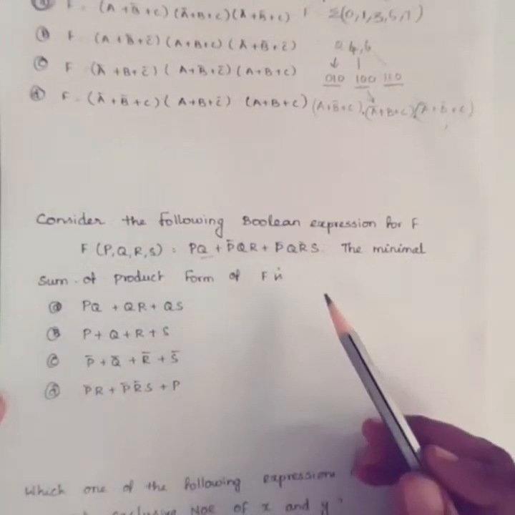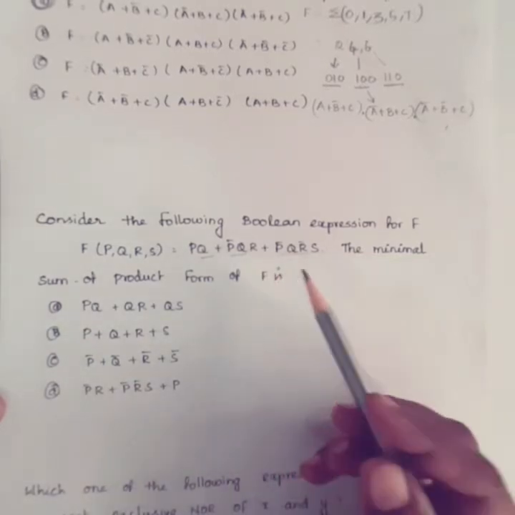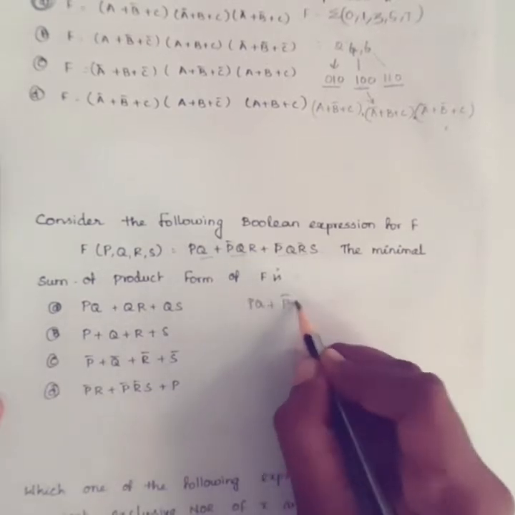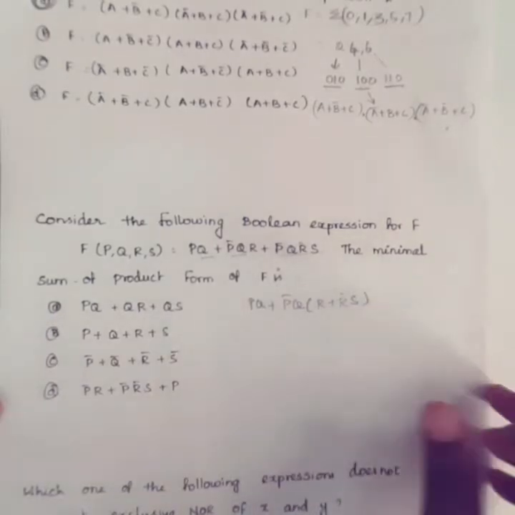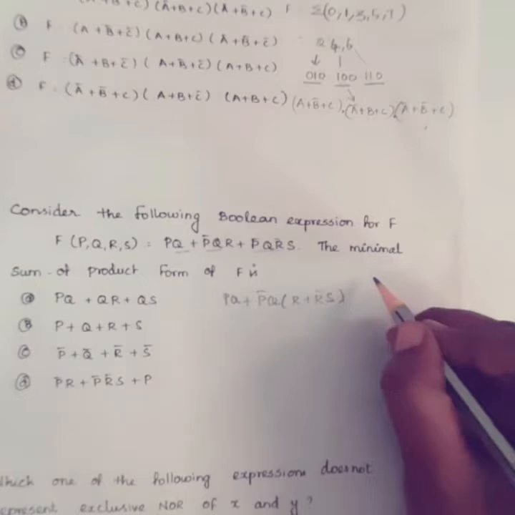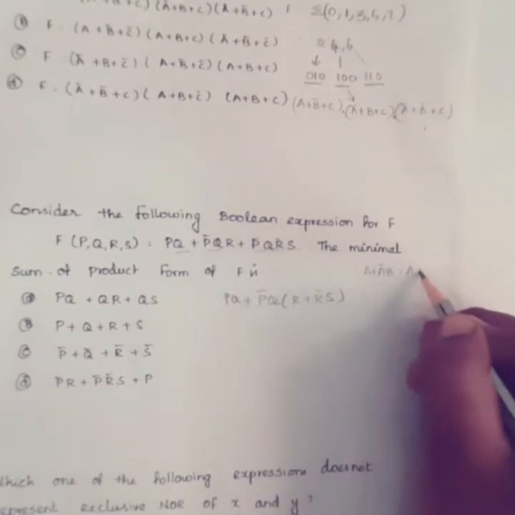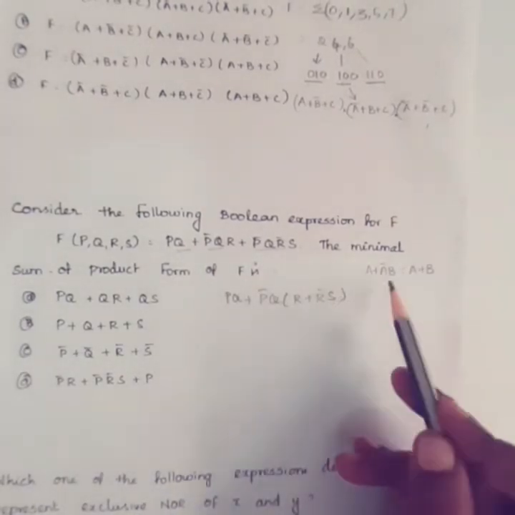So here in the second and third term, P bar Q is common, right? So we can take that term as a common term. So you get P bar Q (R plus R bar S). Now R plus R bar S, in the absorption law, A plus A bar B is equal to A plus B. So we can apply this absorption law here because it is similar to that.